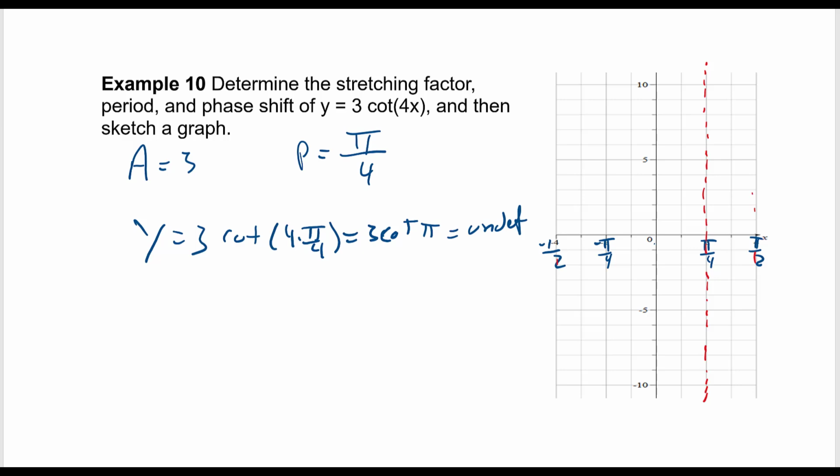So that should be an asymptote, right? And sine of pi is 0. Oh yeah, our period's pi over 4. What am I thinking about? Of course, so we'll have a vertical asymptote there, and one here, and one here, and one here.